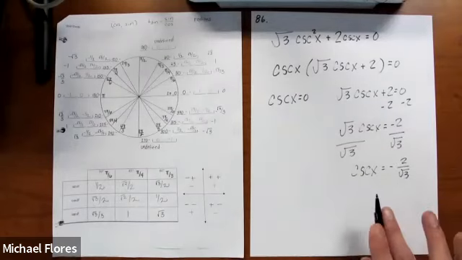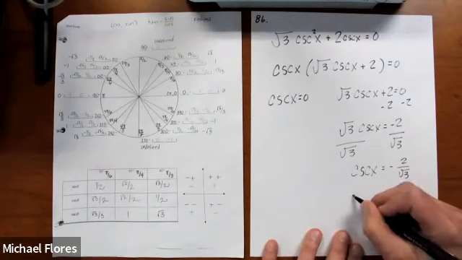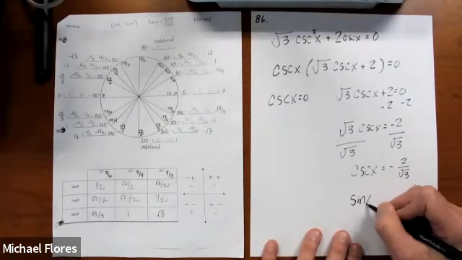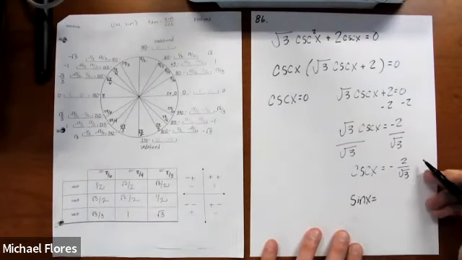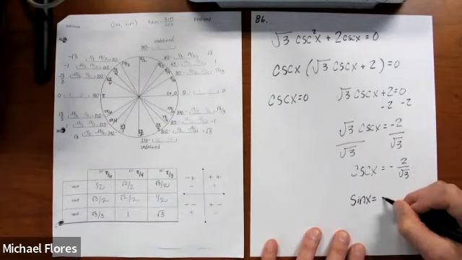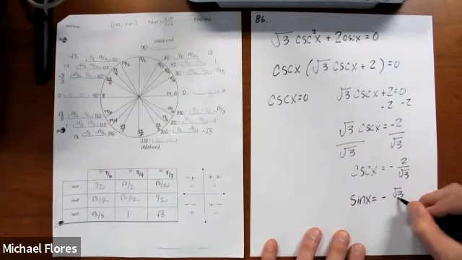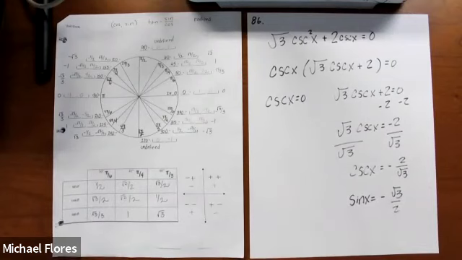Okay, now the reciprocal of cosecant is sine, and the reciprocal of -2 over root 3 is -root 3 over 2.